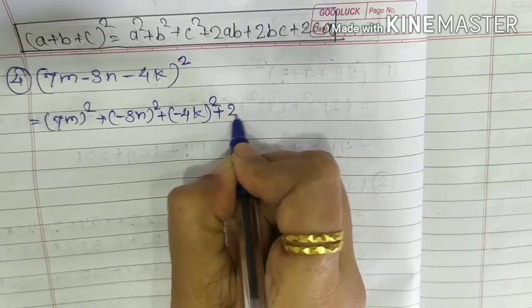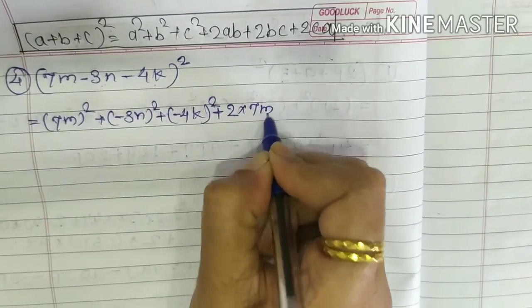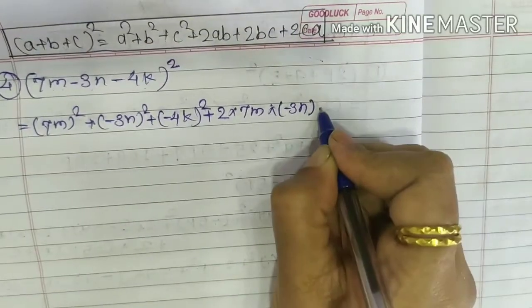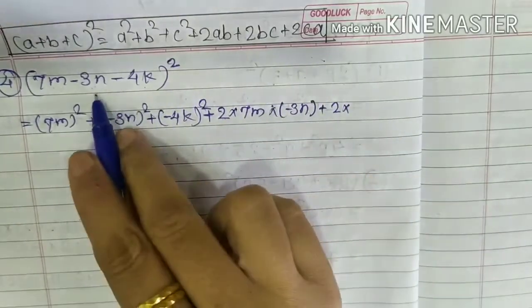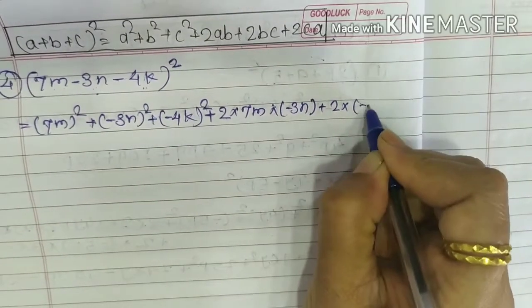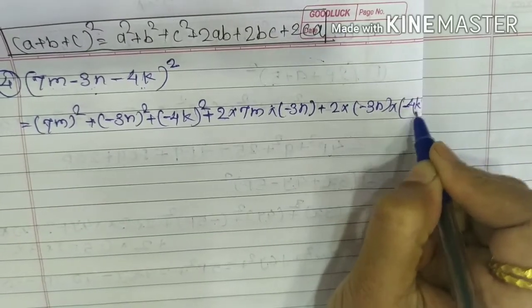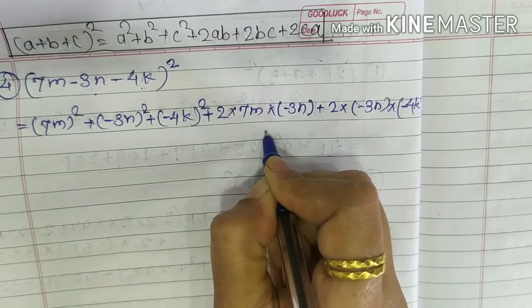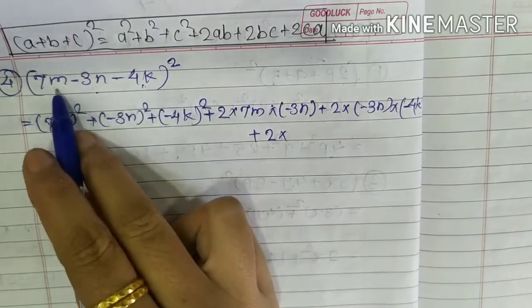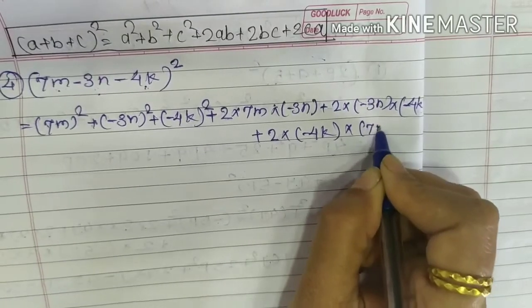Next, plus 2 into first and second term, 7m into −3n, plus 2 into second and third, −3n into −4k, plus 2 into last and first term, −4k into 7m.